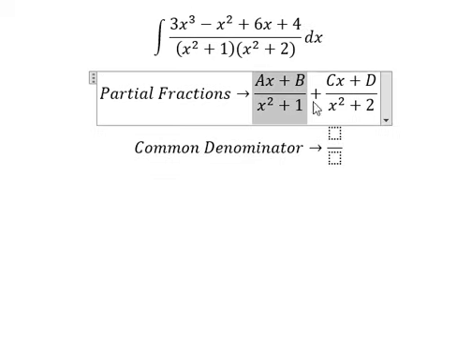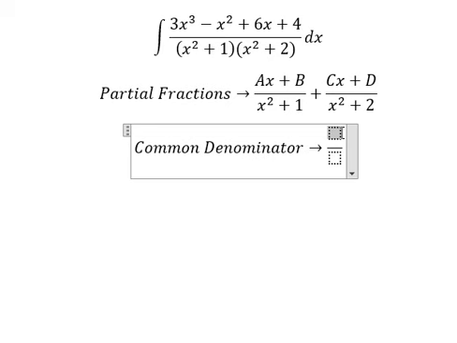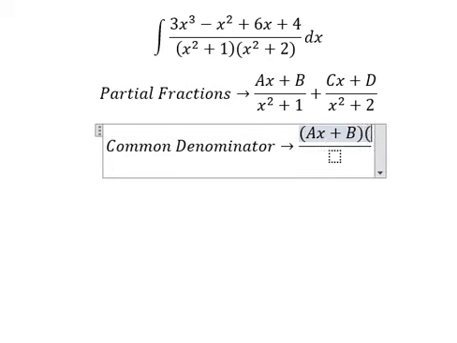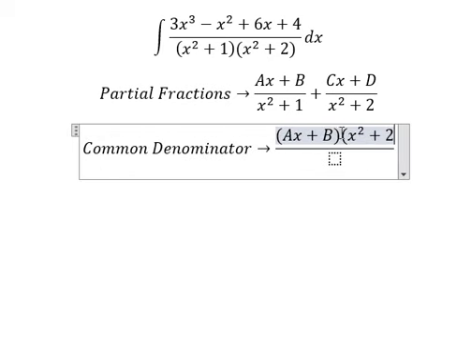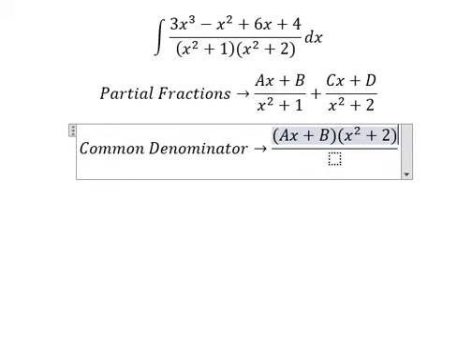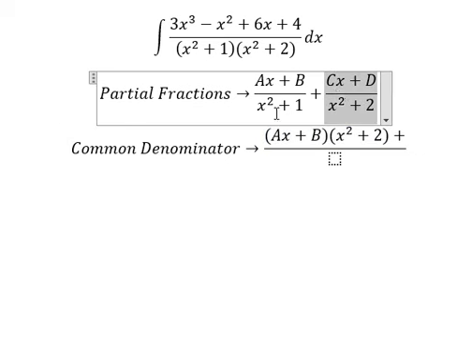This one is missing this, so (as + b) multiplied by (s squared + 2). This one is missing (s squared + 1), so (cs + d) multiplied by this one.